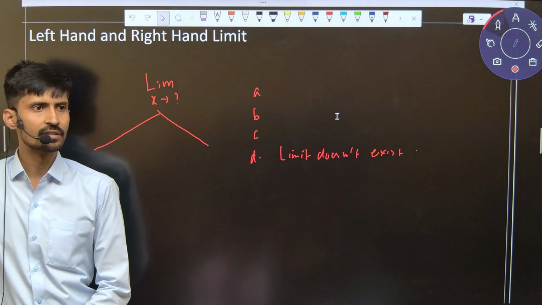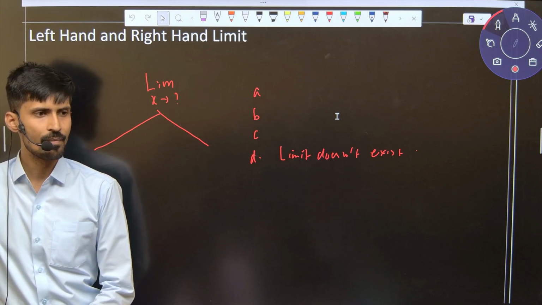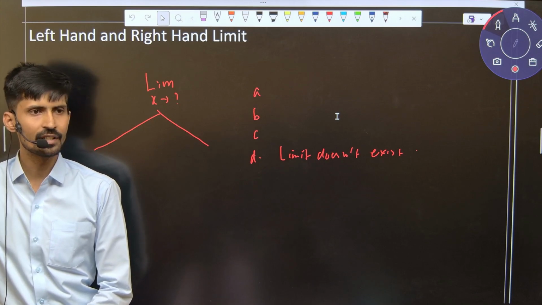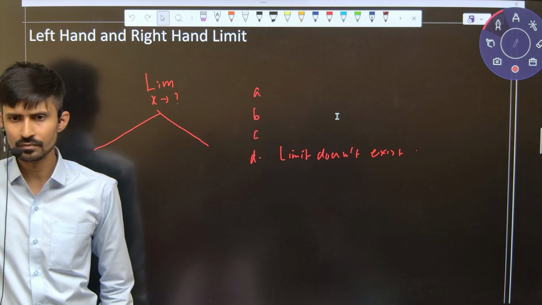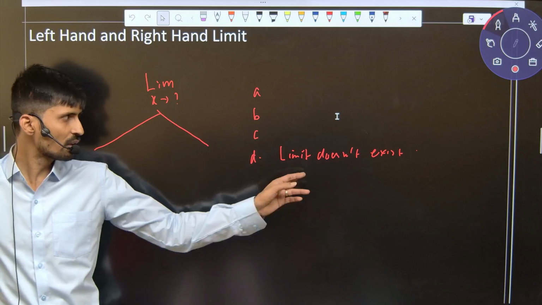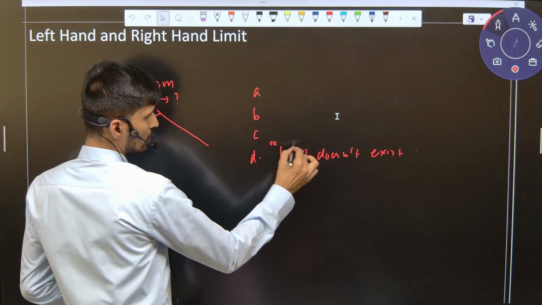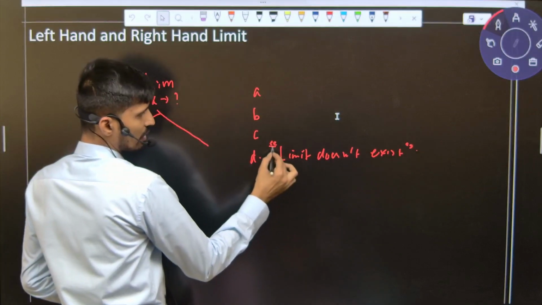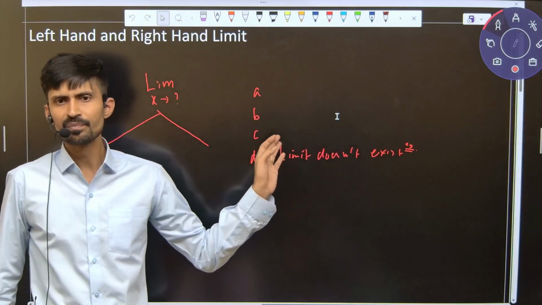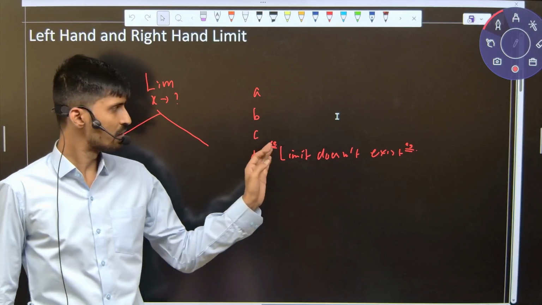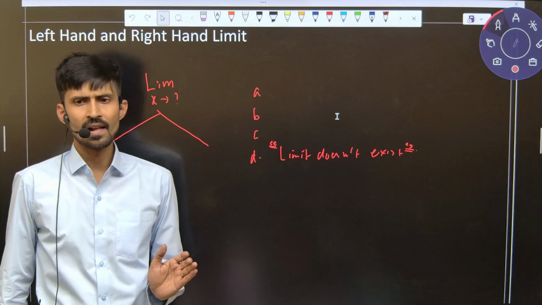We will find left hand limit and right hand limit only when limit does not exist is present in any one of the options as an option.